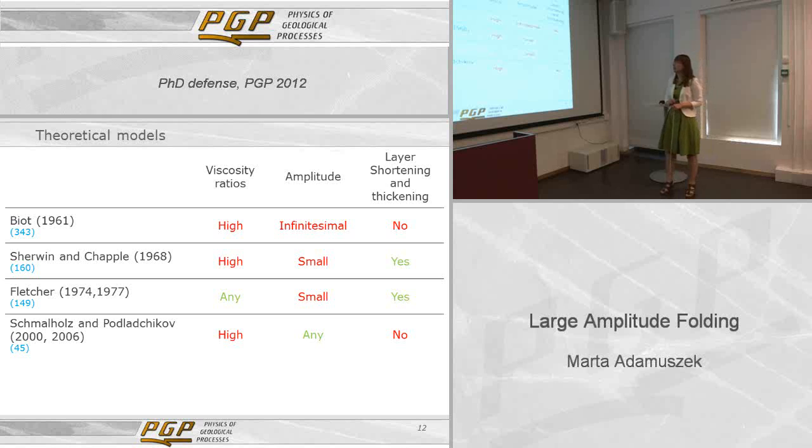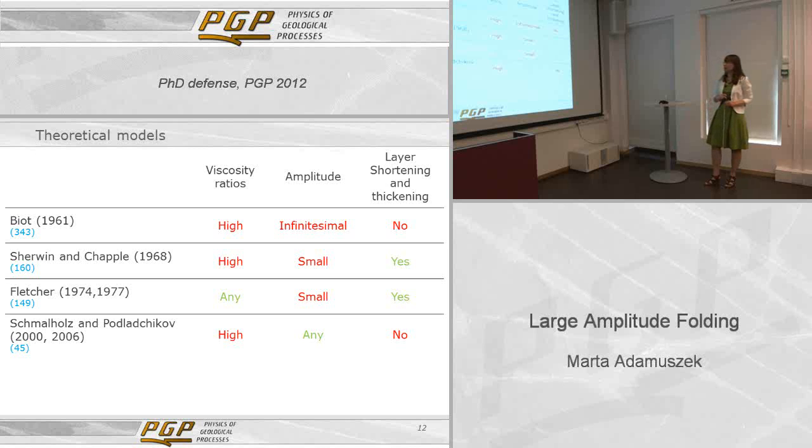The method by Biot is restricted to high viscosity ratio, infinitesimal amplitude, and it doesn't incorporate the shortening and thickening process. The Sherwin-Chapple method, in contrast, does incorporate the shortening and thickening.